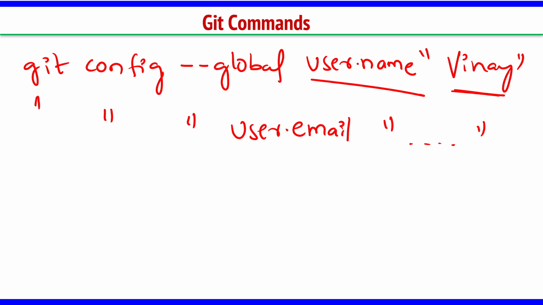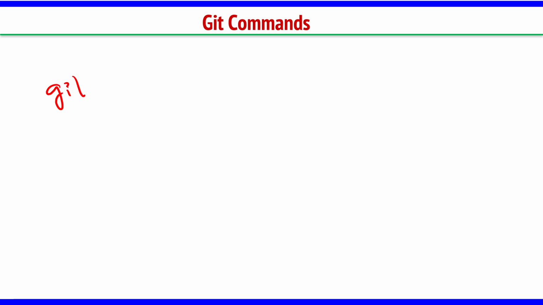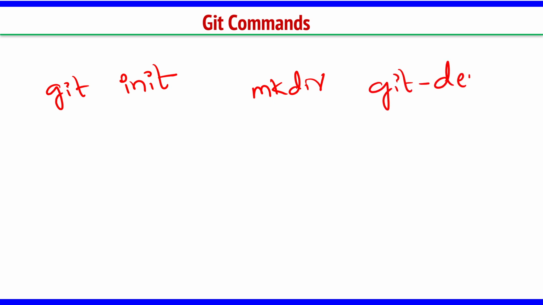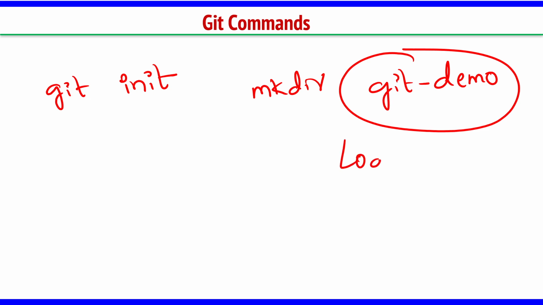Then the next command is git init. What is this git init? Initialize an existing directory as a Git repository. If you remember, in my local machine I made one directory, git-demo. This is a normal folder that I created in my laptop. Later, I converted this itself to a local repository.